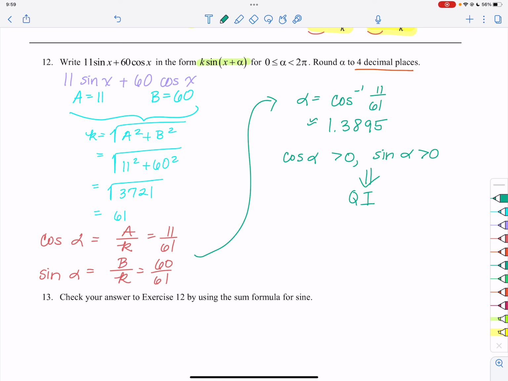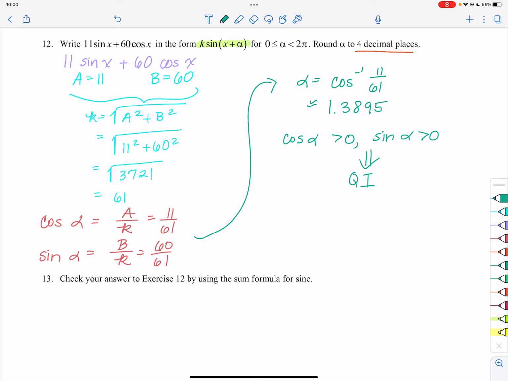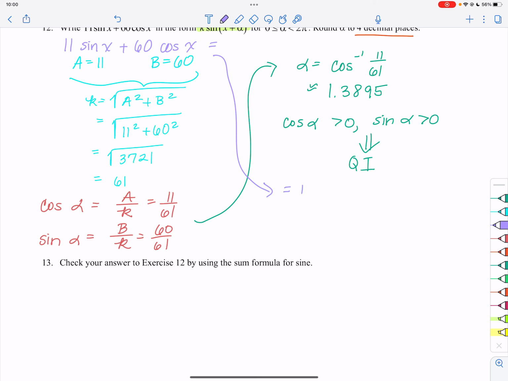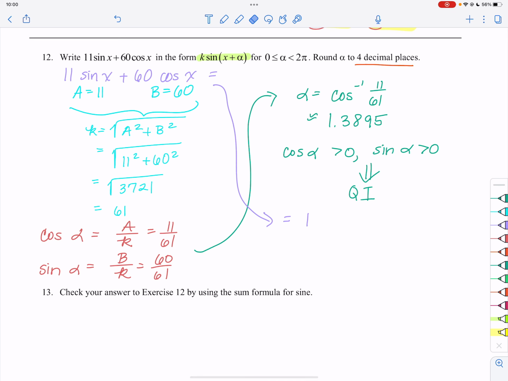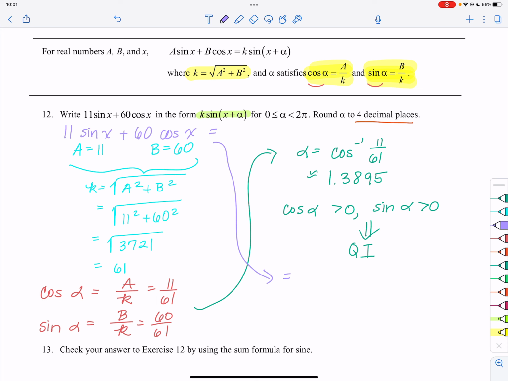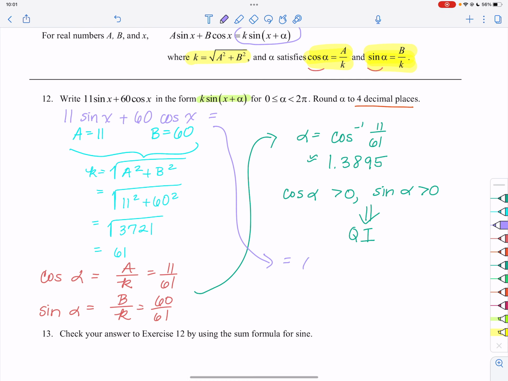So now we can say that this is equal to 11 times, well, we wrote that already, so we can now use this formula right here. Our K was 61, and now we have the sine of x plus alpha.